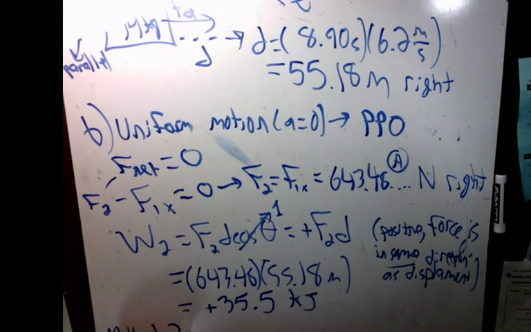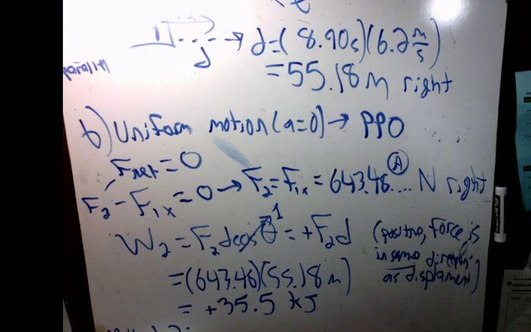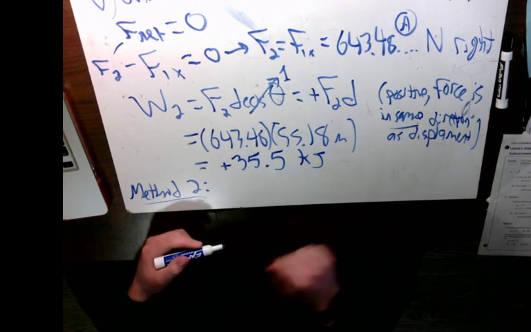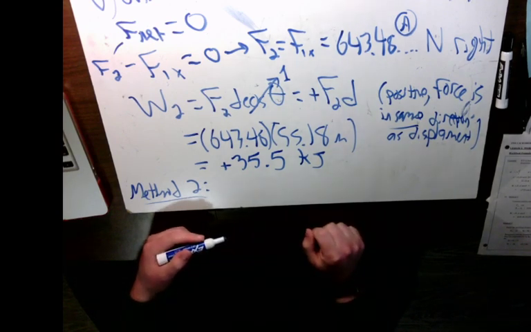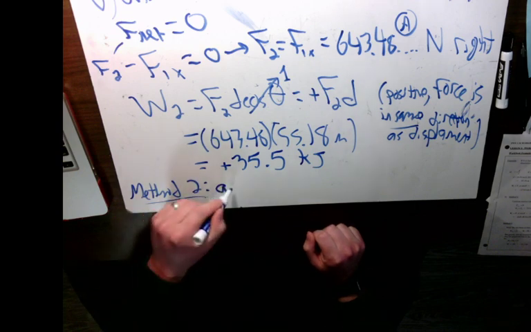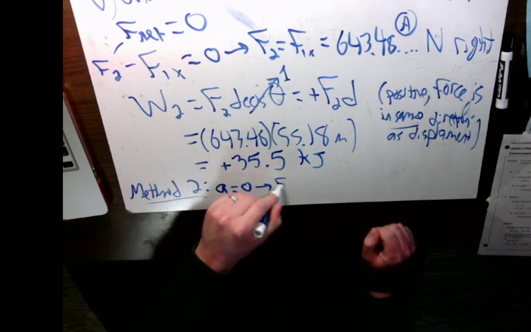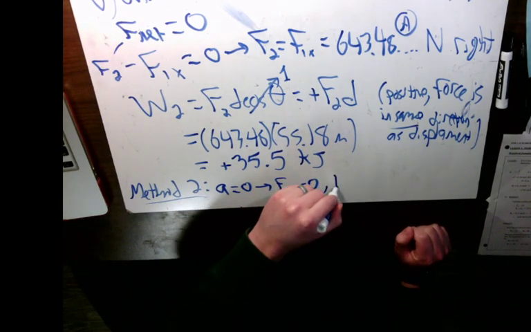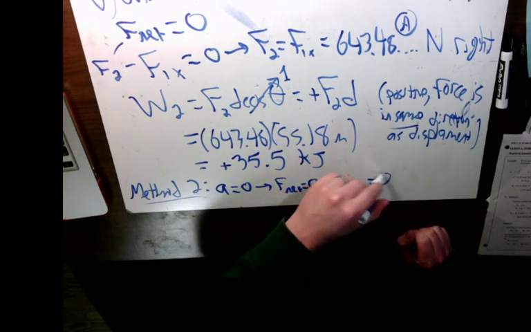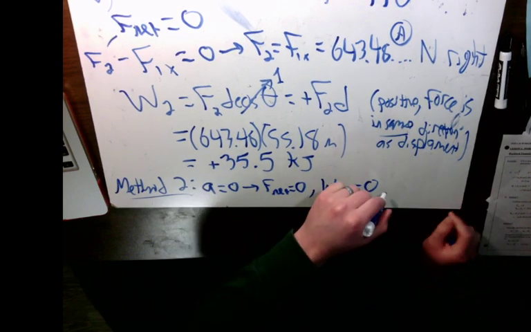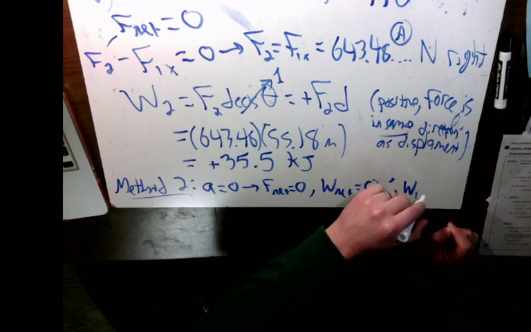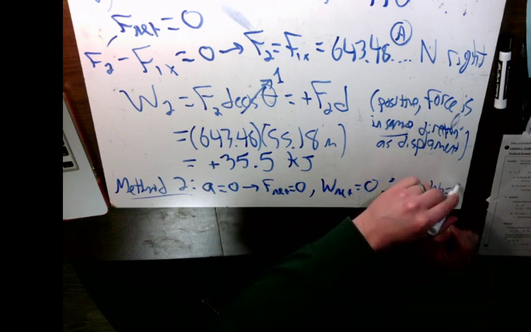So method 2. We have acceleration equals 0, F net equals 0. Net work is 0. So work 1 plus work 2 is 0.